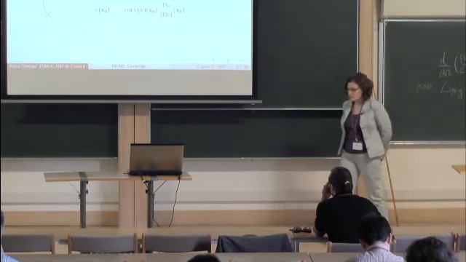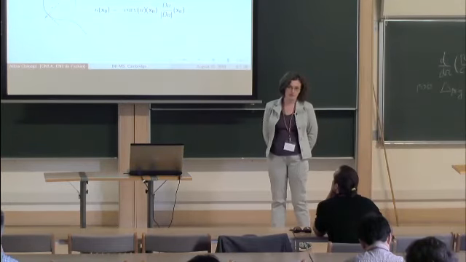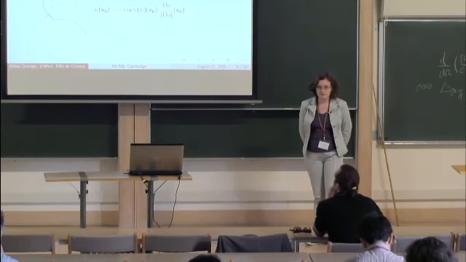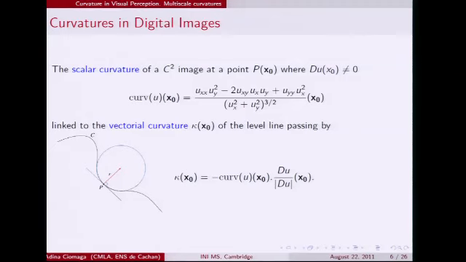Now, before going into details, I'm sure you all know about this, but I want to point out that whenever we talk about digital curvatures or curvatures in a digital image, we can either define a 2D differential operator that is associated to a smooth image and usually at points where the gradient is non-zero. But if the gradient is non-zero, that means that the image itself is locally a graph, so there would be a level line passing by this point.